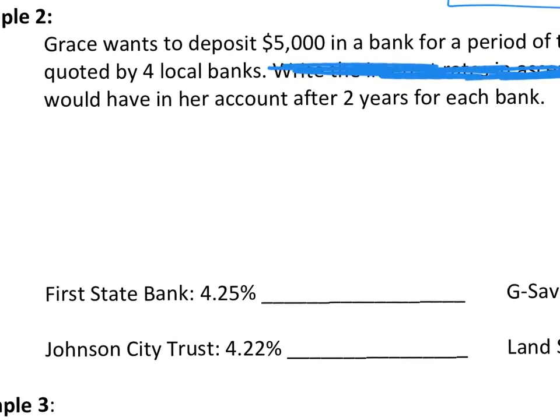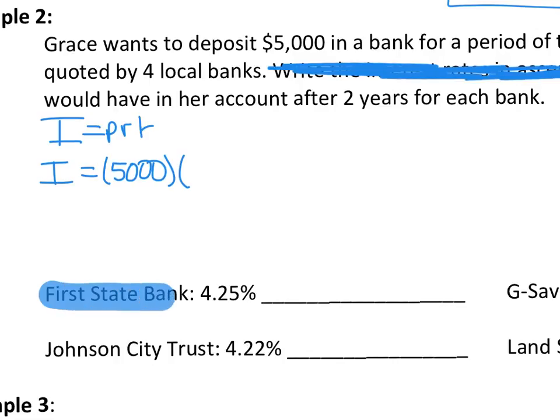Okay. So the first one, here's our formula, I equals PRT, and we're going to plug everything in. I is what we're looking for. Principal is what we start with. It says we started with $5,000, so put 5,000. Our interest rate is right here, 4.25%.